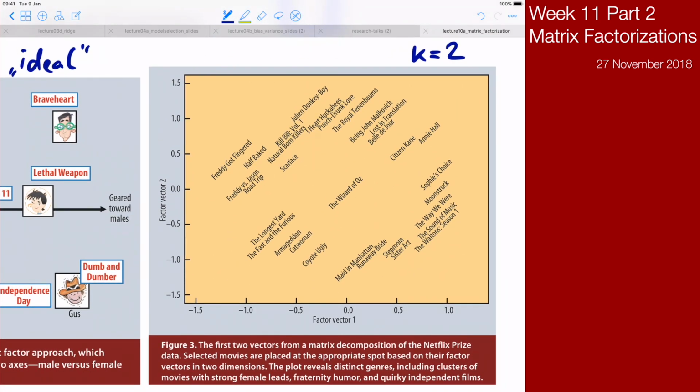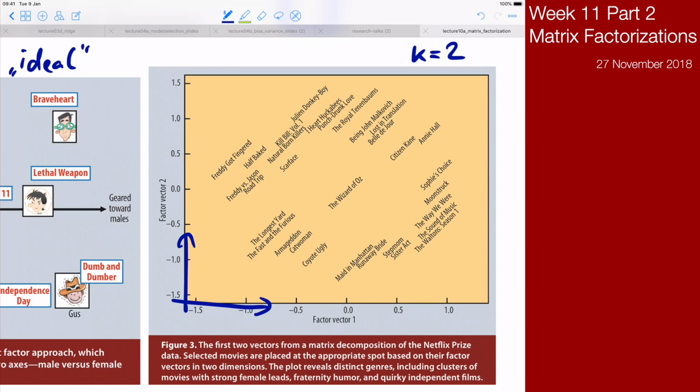Here they are. It's not all the 20,000, but it's a subset. On the x and y axis, I have these 2 factors, and this is what would happen if we only use k equal 2.